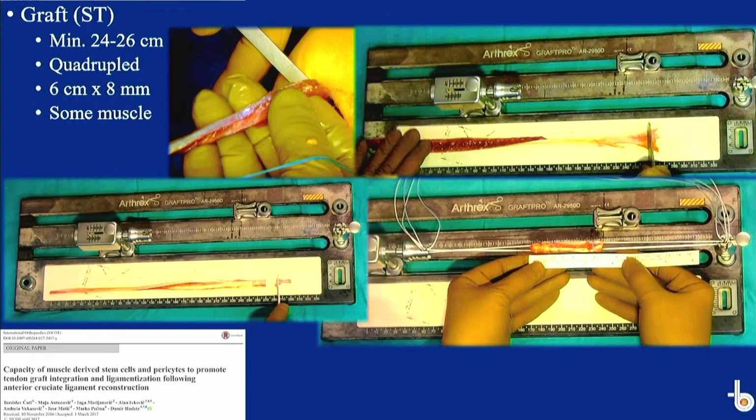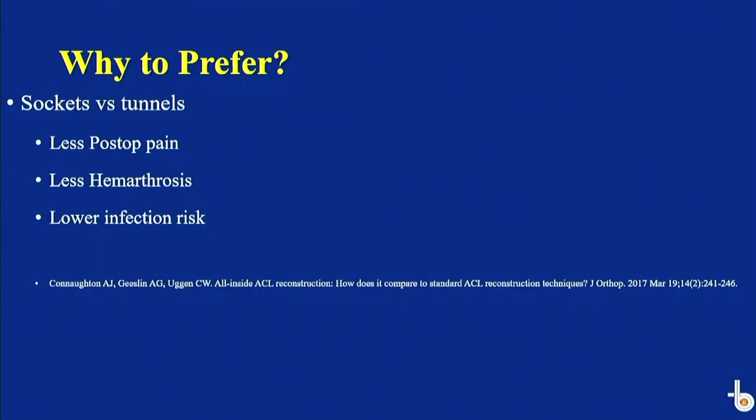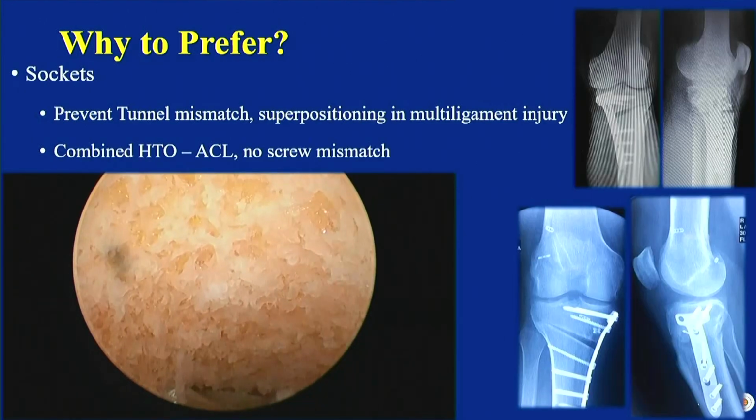The graft preparation is like a quadruped graft, and at least we prefer 8, but we mostly have more than 8, and we always leave some muscle on the graft, as my friend Damir Hudas has published, for more stem cells. So we expect less postoperative pain, less hemarthrosis, and lower infection risk with the all-inside technique.